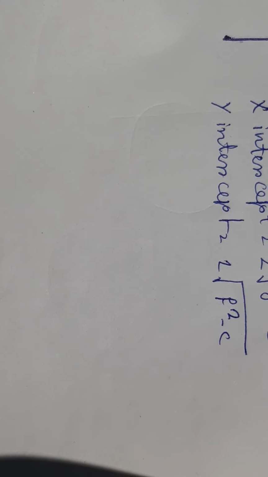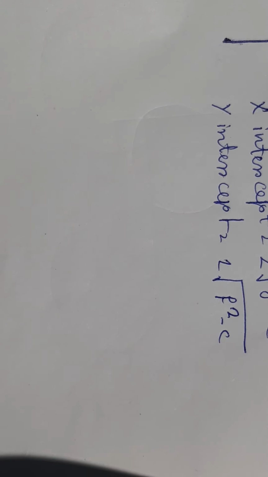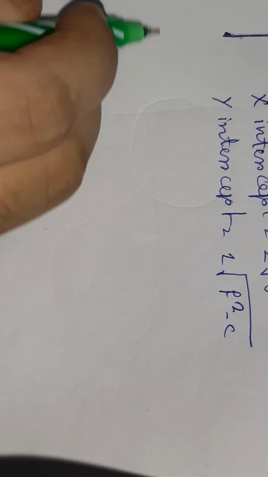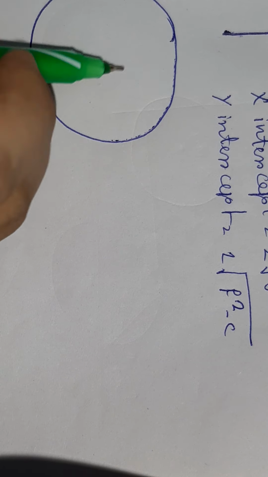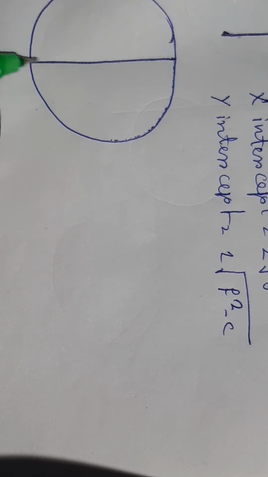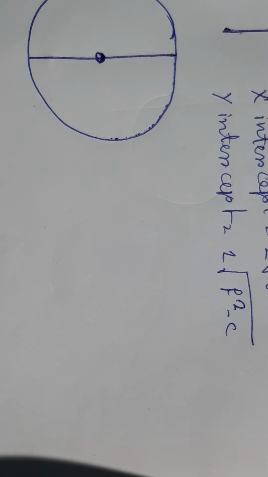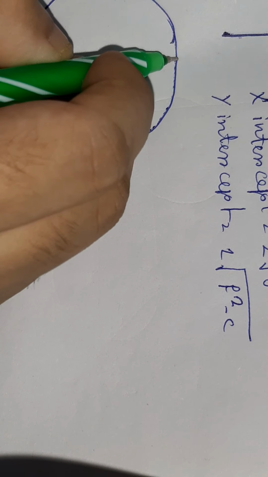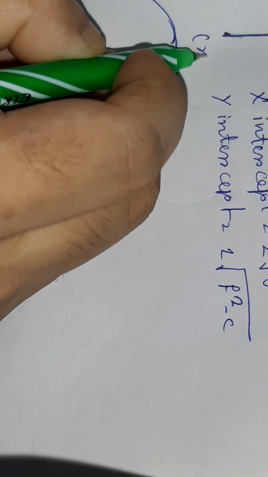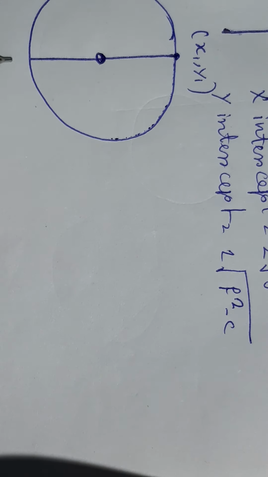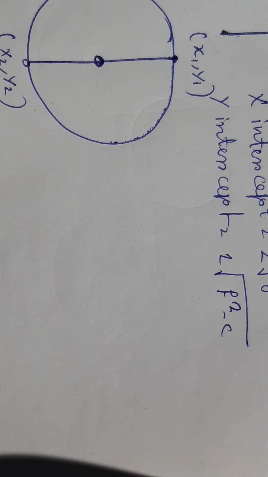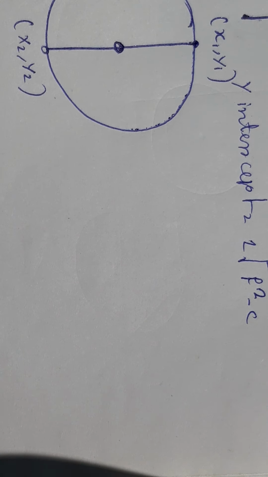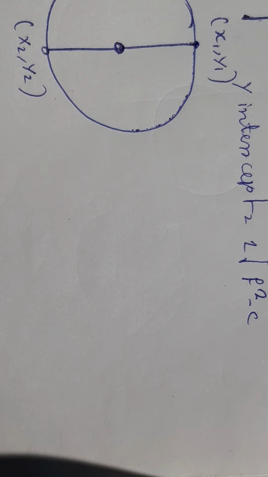Now I will discuss the equation of circle in diametric form. If a circle with the end points of the diameter given, like if this is the diameter and this is the center of the circle, and the coordinates of the end points of the diameter are given as x1 y1 and x2 y2, then what will be the equation of the circle directly, using just these two coordinates?